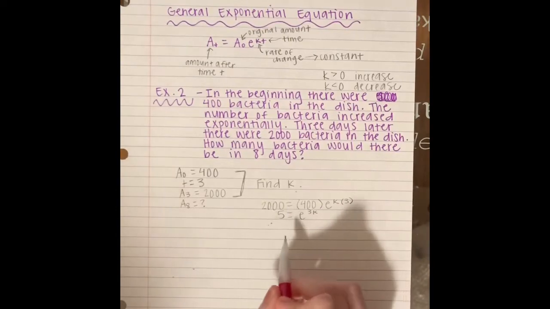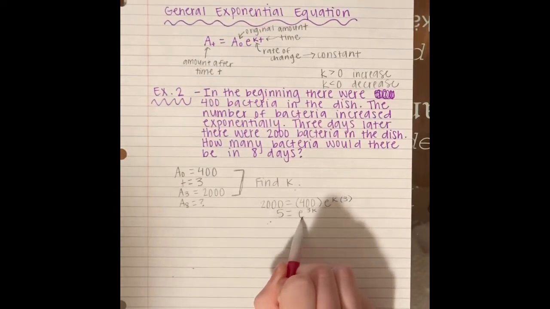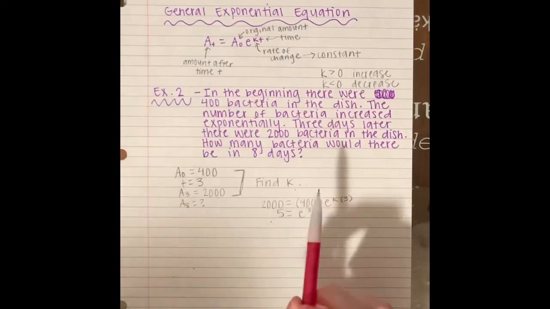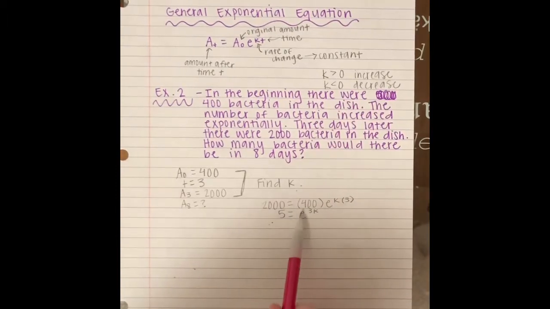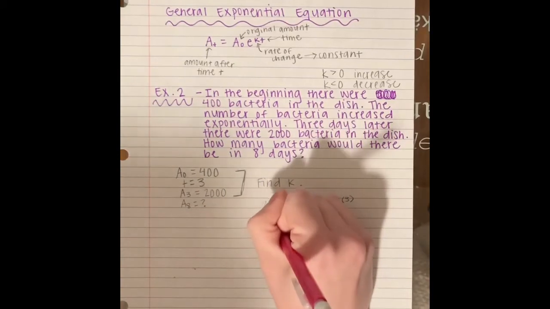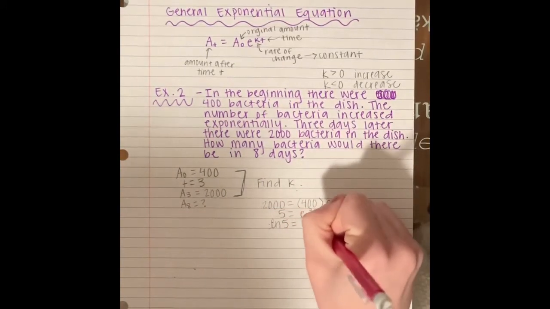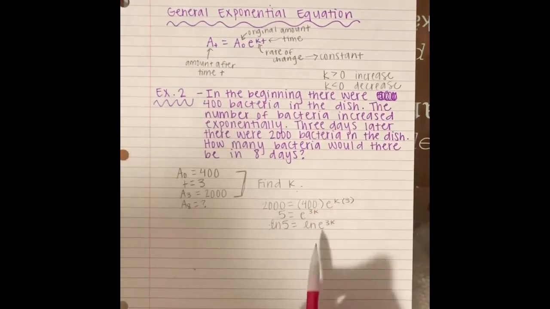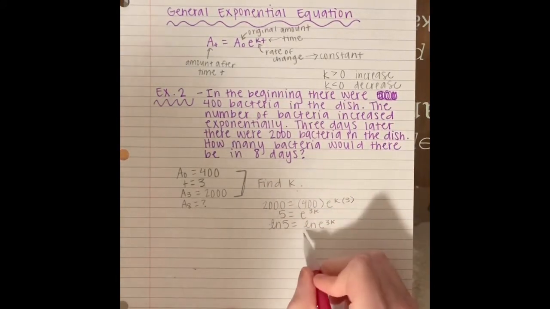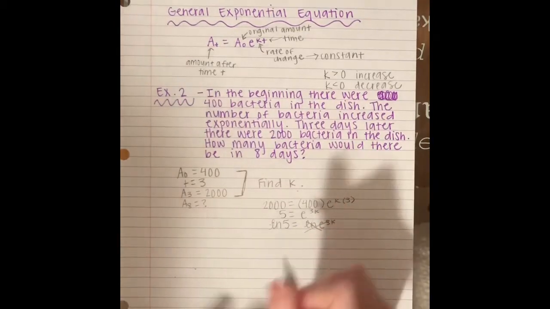Now what we need to do is just like we did on the first one, to get rid of a 10 as our base, we did the log of both sides. We're going to do ln of both sides because it's an e. If I do ln of both sides, then my ln and my e cancel out.